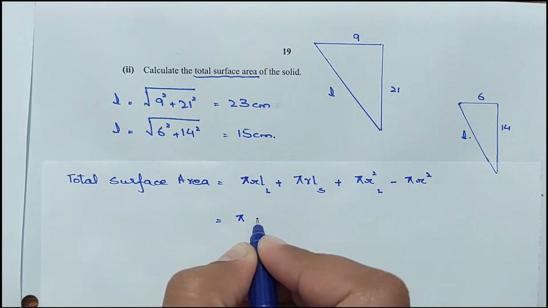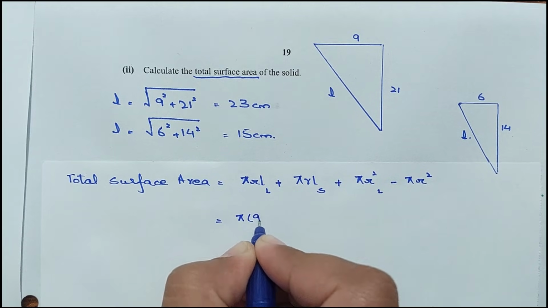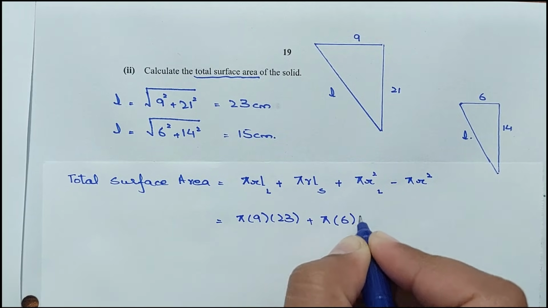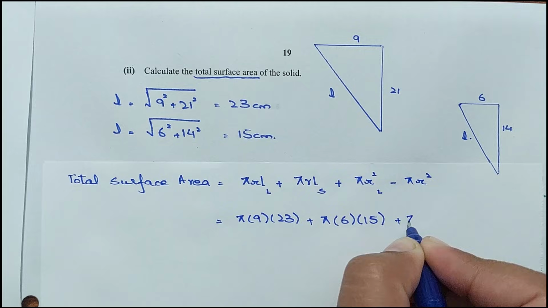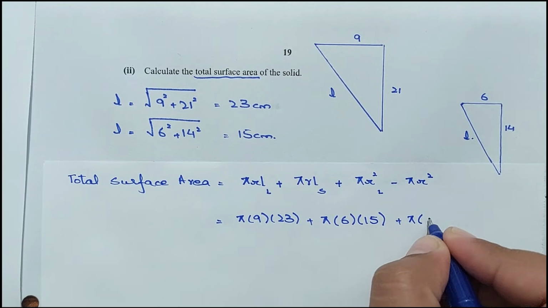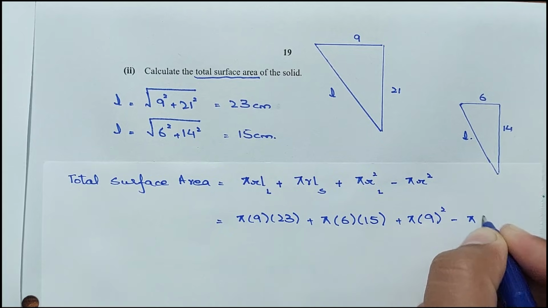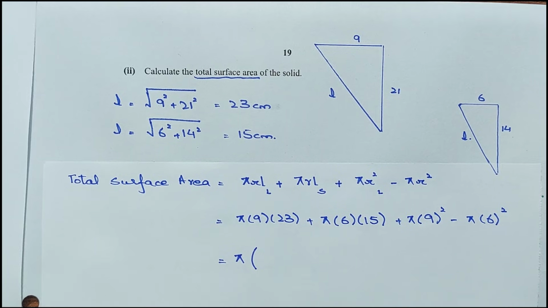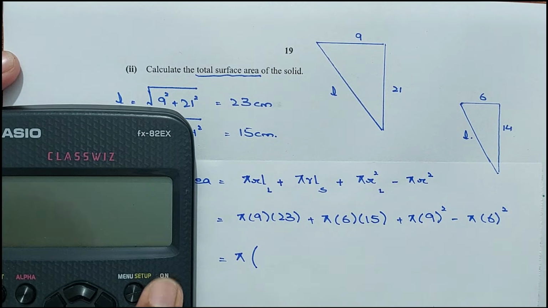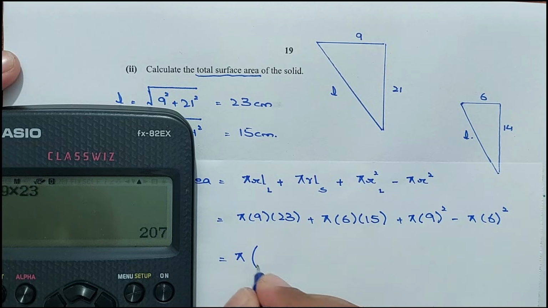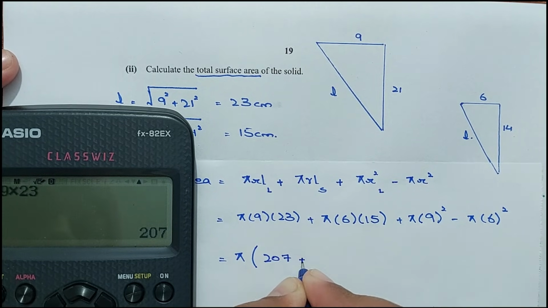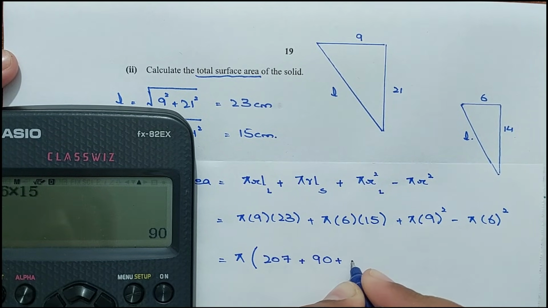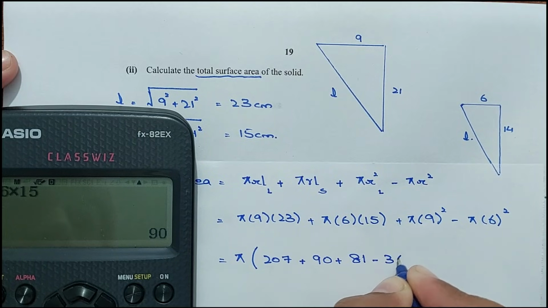Okay, pi, and the radius of the larger one is 9 and L is 23, plus pi, the radius of the smaller is 6 and L is 15, plus pi times the radius of the larger, 9 squared, minus pi times 6 squared. Okay, now pi is common, so let me simplify. 9 times 23 is 207, plus 6 times 15 is 90. 9 squared is 81, 6 squared is 36.